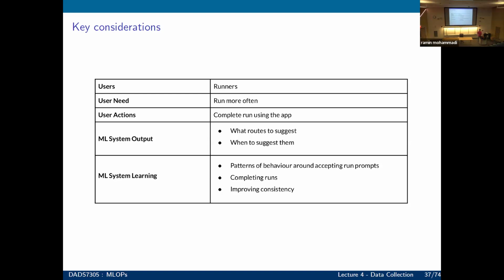You basically build some sort of user profile. Completing runs, if they did, feeds back to your app because it was a good run, maybe they enjoyed it. And improving consistency, that's what your model basically learns. How many of you have heard of user profiling before?